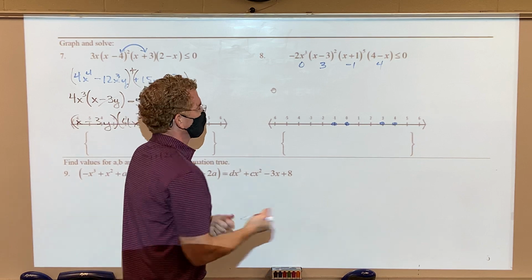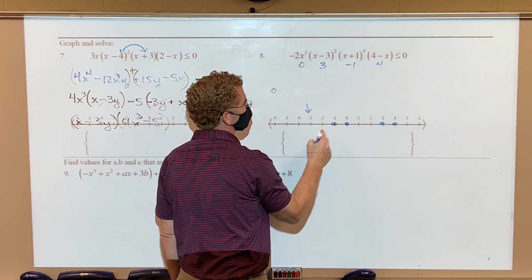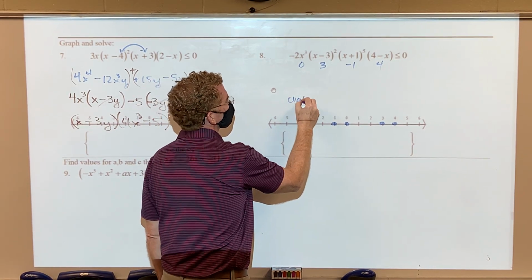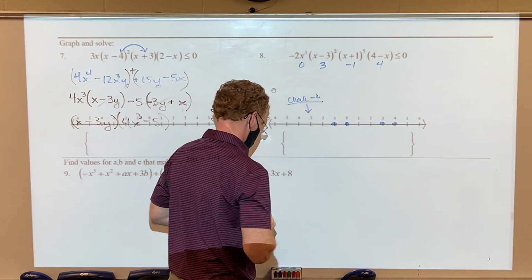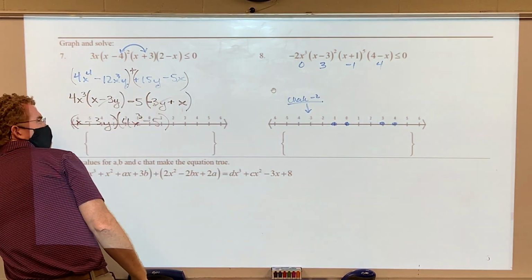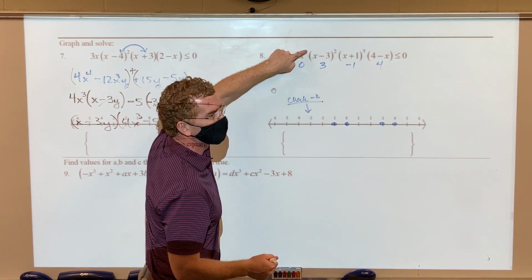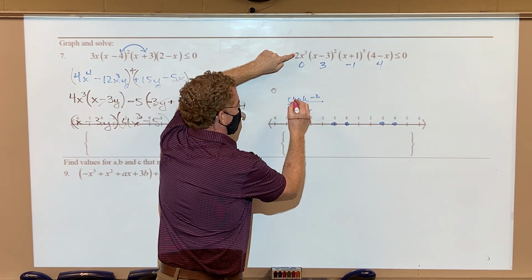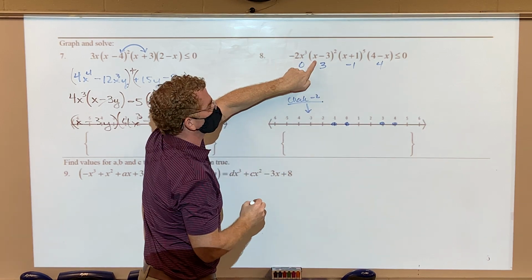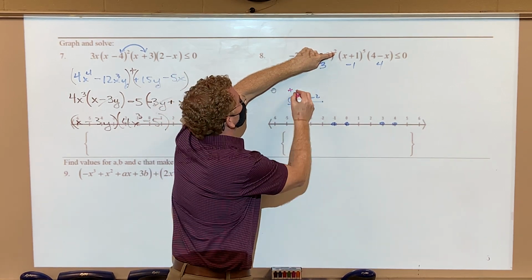So let's just check this first one on this side. I'm going to check, say, -2. Checking -2. And if I plug a -2 in the first factor, I get a -2 cubed times a negative, which is plus. A -2 minus 3 squared is still plus.